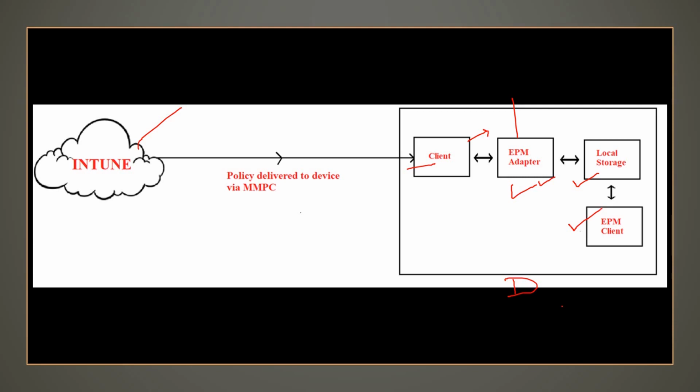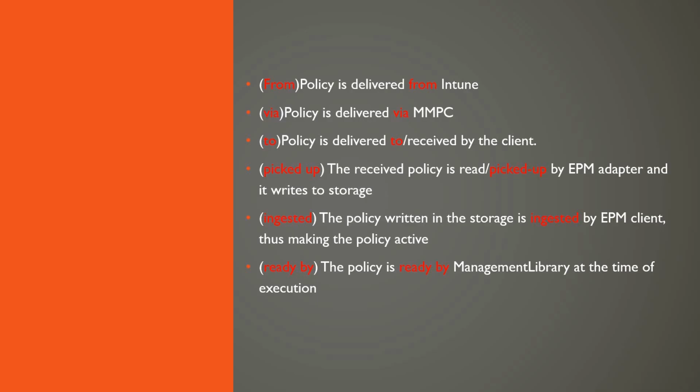So whenever the end user is launching an application, or if the application gets detected automatically as well, the EPM client, the EPM service, and the rule management library, these three things work in tandem to make sure that only those applications are getting elevated which are whitelisted by the admin.